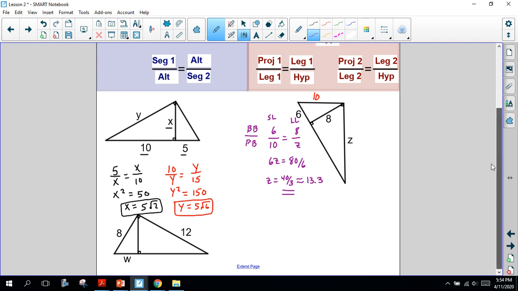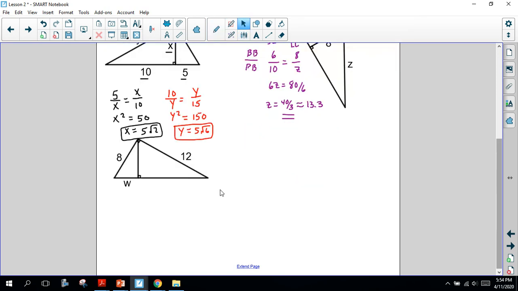All right, taking a look here at our last example. It's got some side lengths here of Papa Bear. I look at those ideas of, all right, the leg is a geometric mean between the projection and the hypotenuse. Well, I don't know the projection and I don't know the length of the hypotenuse, so 2 unknowns is not good for my proportion.